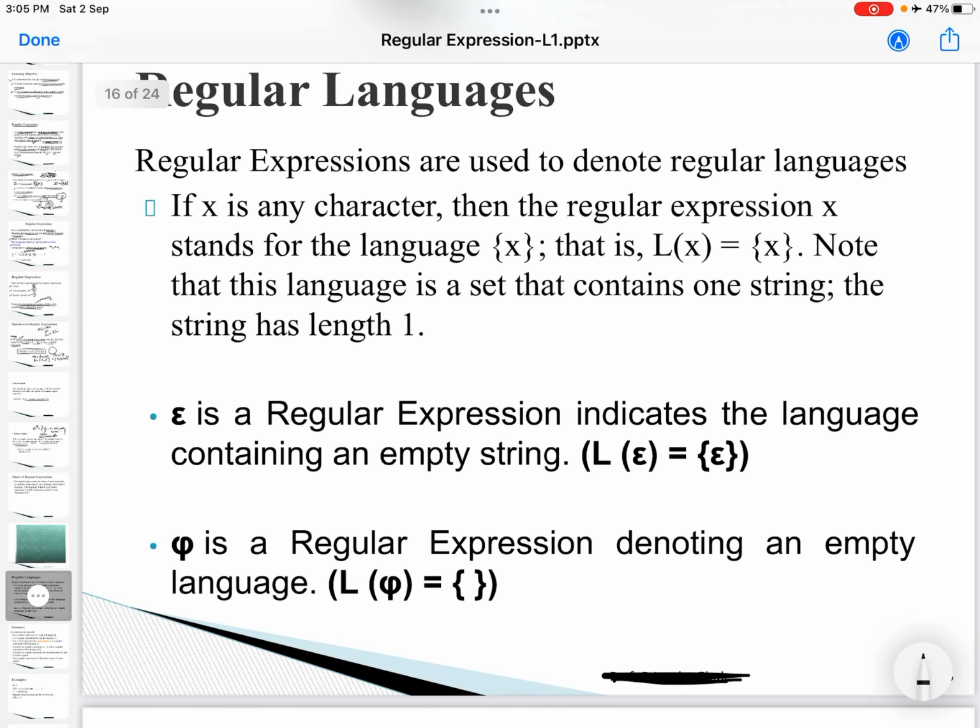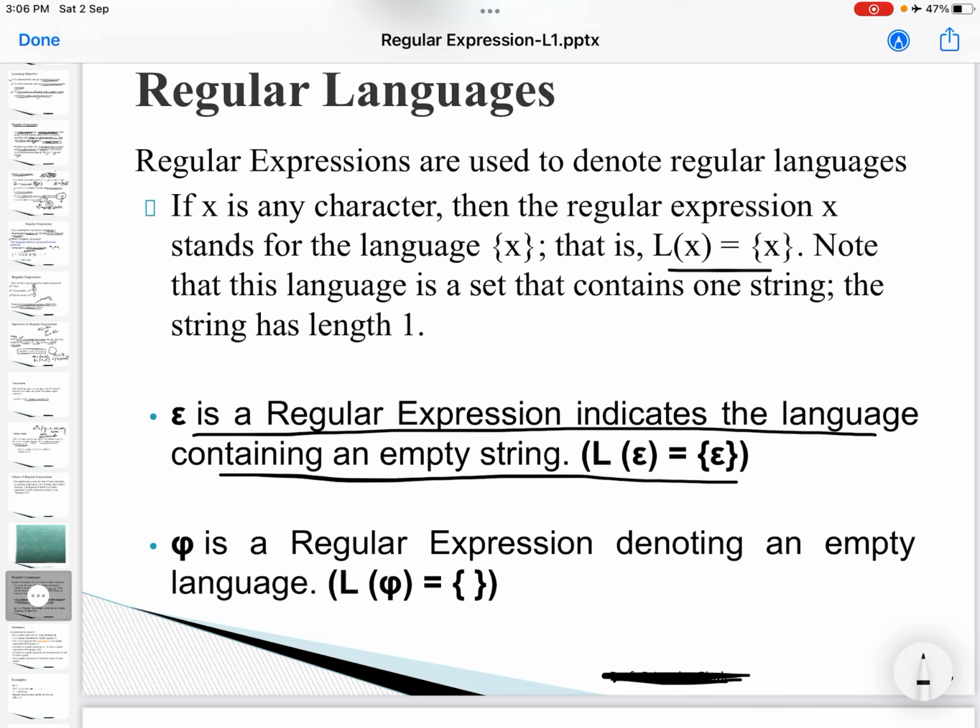Now, regular expressions are used to denote regular languages. If x is any character, then the regular expression x stands for the language {x}, that is, L of x is {x}. Note that this language is a set that contains one string, and the string has length 1. Epsilon is a regular expression indicating the language containing an empty string.